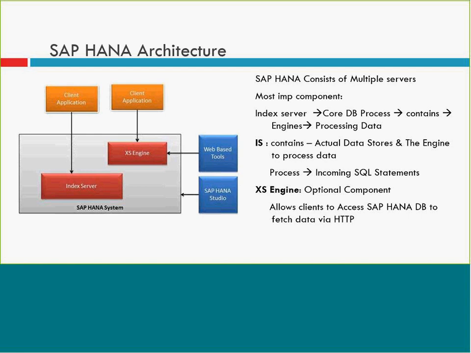It allows clients to access the SAP HANA system via HTTP. Specific services provided by the XS engine are either created, declared, or written as server-side application code. So the index server and XS engine are among the most important core components of SAP HANA.